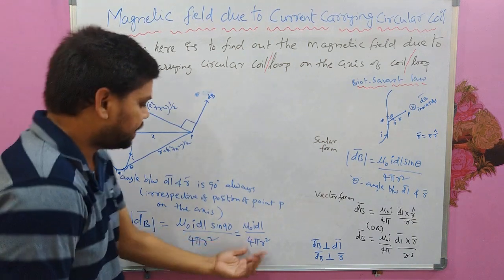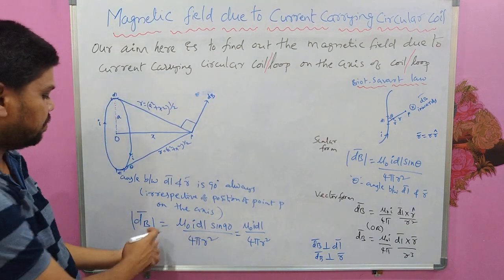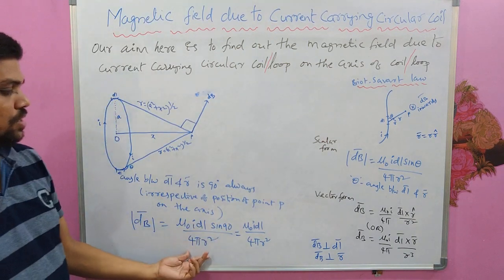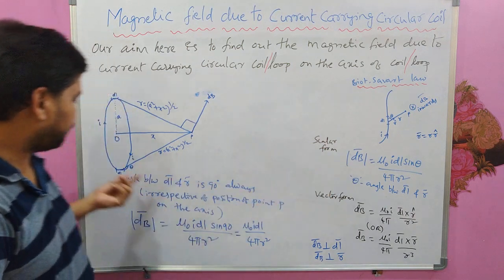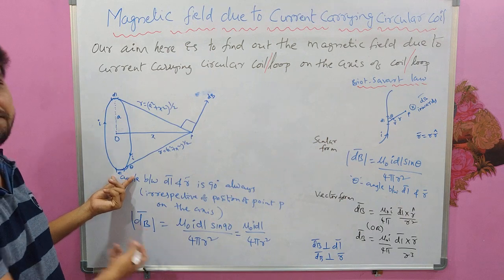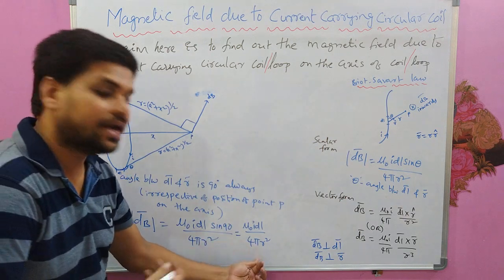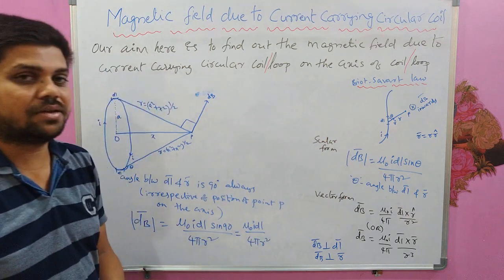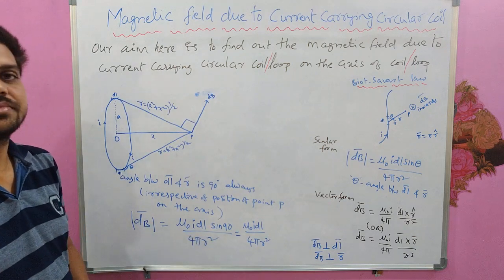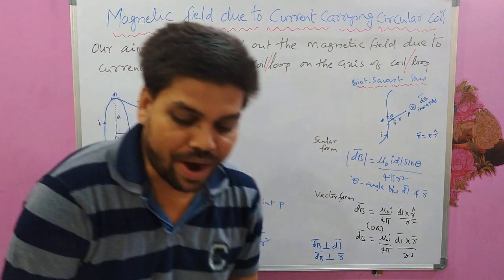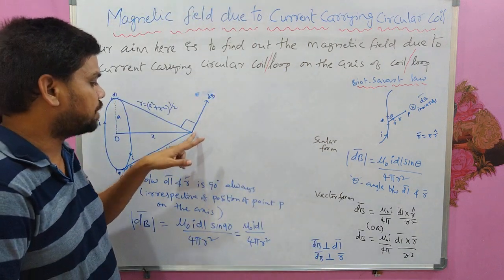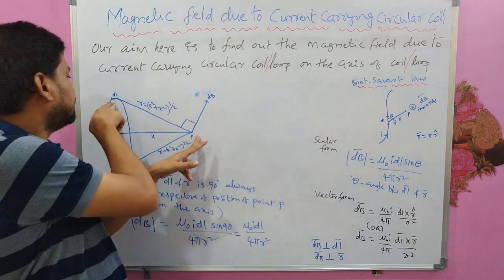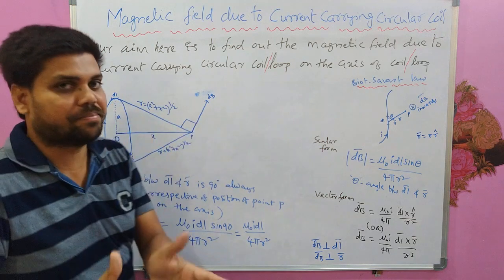Now what would be the magnetic field? Again, mu naught I dl sin 90 by 4 pi r square, using the same expression for this element, and its magnitude will be again mu naught I dl by 4 pi r square, sin 90 is 1. And now the point here is the magnitude of the magnetic field produced at P due to this element and this element is same.